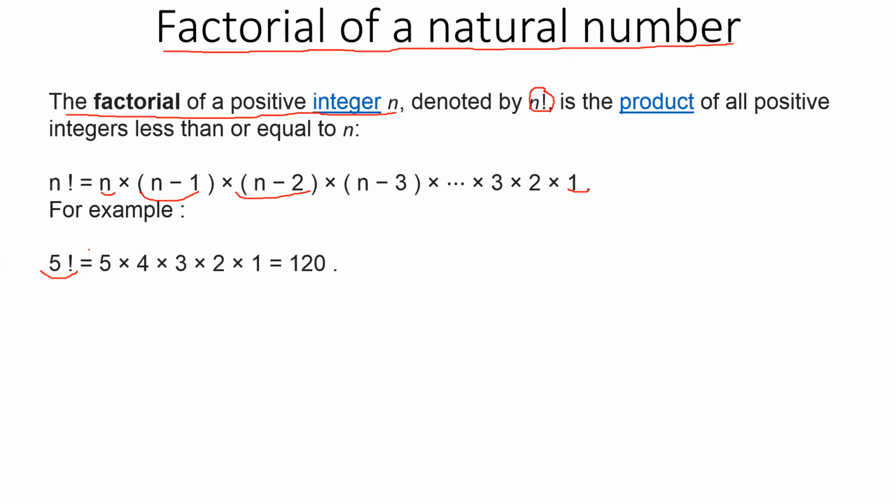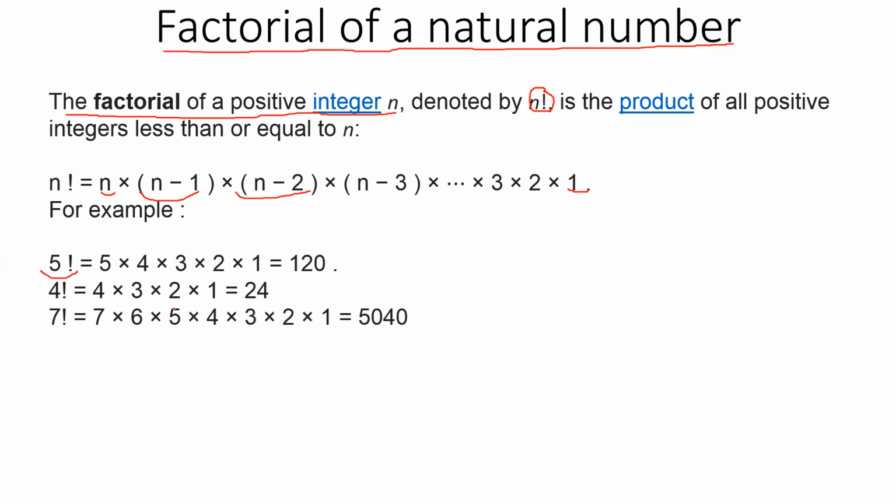At school? Okay, good. 4 factorial is the product of numbers from 4 till 1, is 24. 7 factorial is the product from 7 till 1. 1 factorial is 1. The value of 0 factorial by definition is 1.